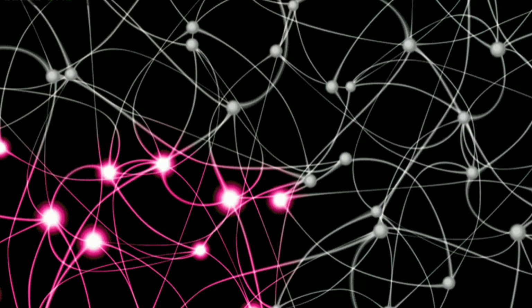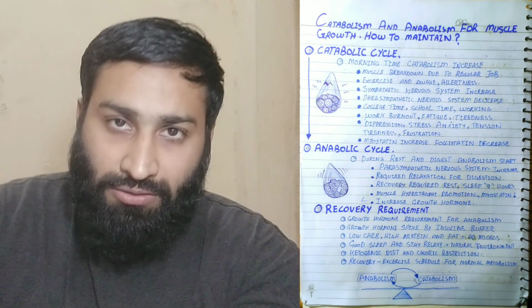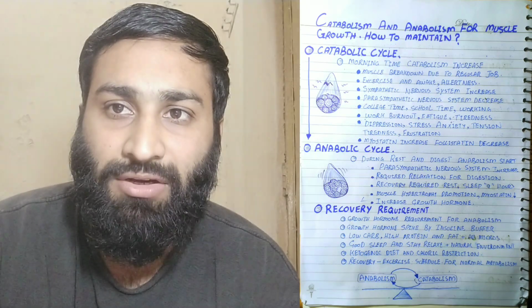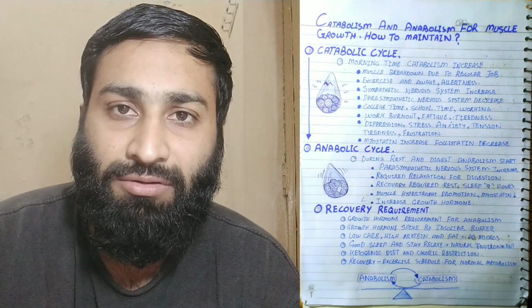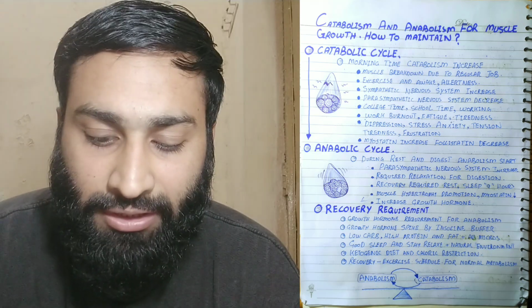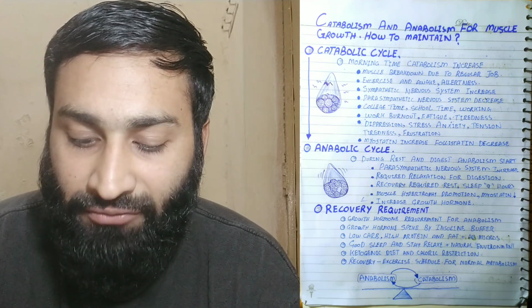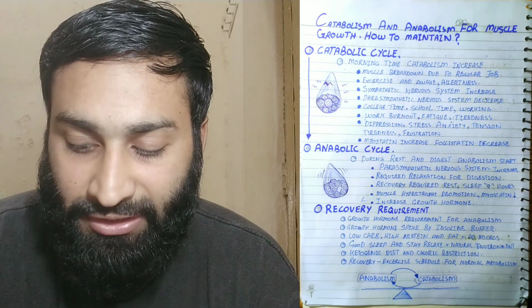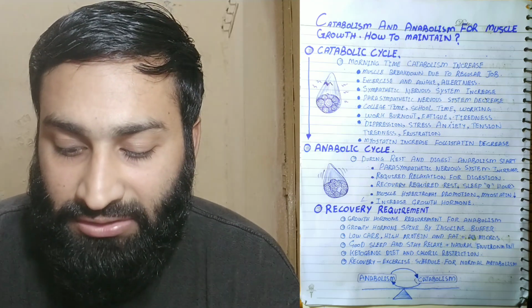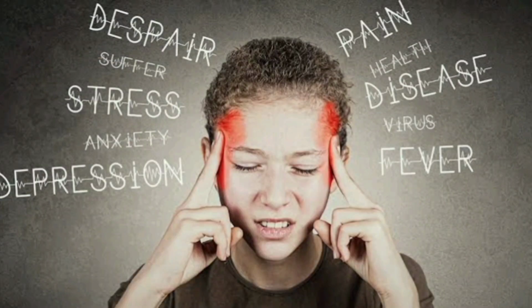Basically, the increase of the sympathetic nervous system will lead to breakdown of the muscle, while the parasympathetic nervous system decreases. So remember that. When the parasympathetic nervous system decreases, the sympathetic nervous system will increase, leading to alertness, for example college time, school time, and work burnout, fatigue, tiredness, depression, stress, anxiety, tension and frustration.